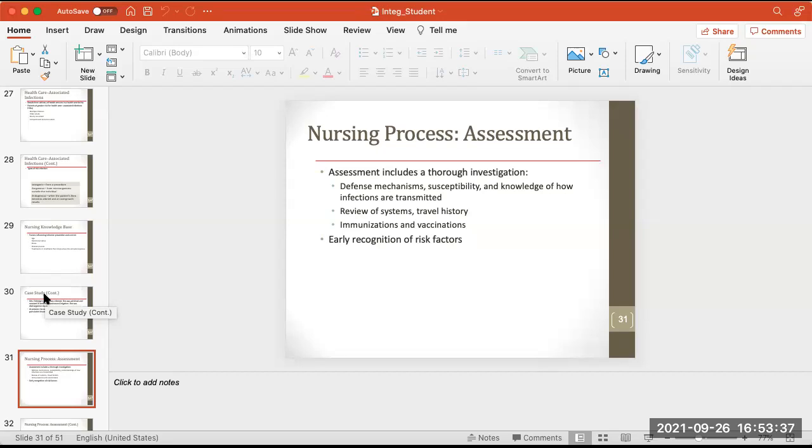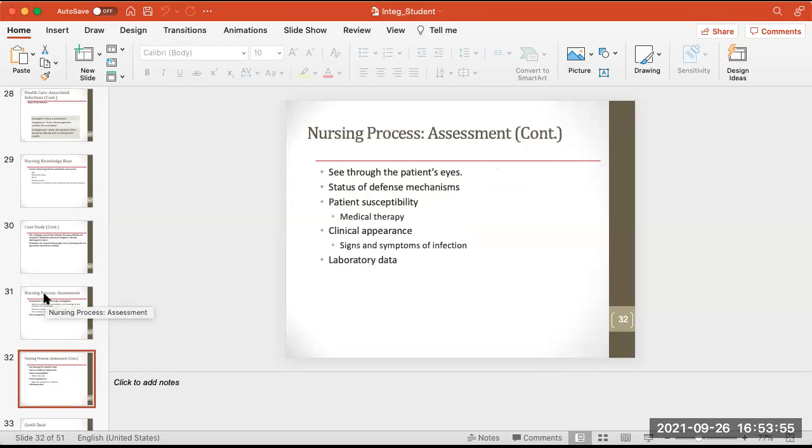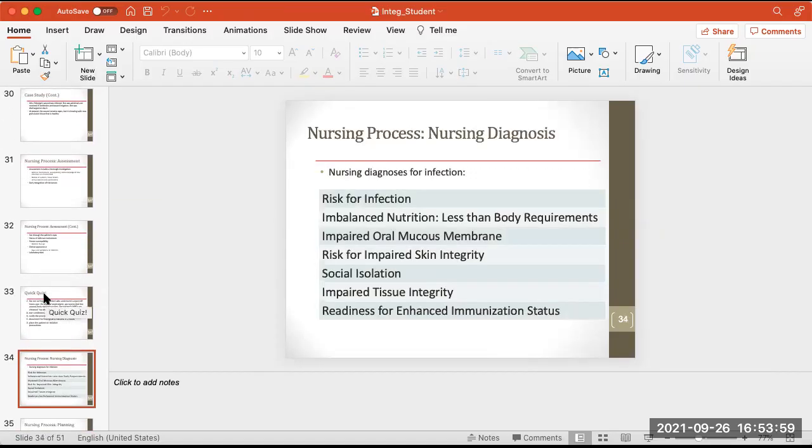In previous weeks, we talked about immobility, the musculoskeletal system, joint problems, osteoarthritis. So each system will use the same nursing process. You will go through the different stages of the nursing process.